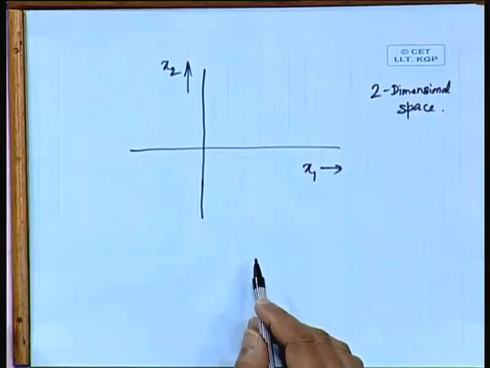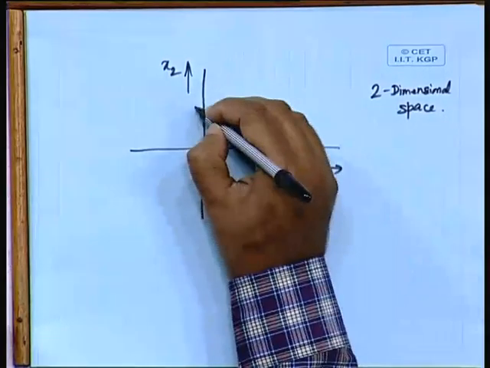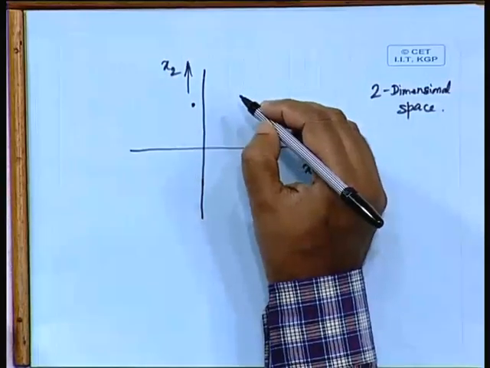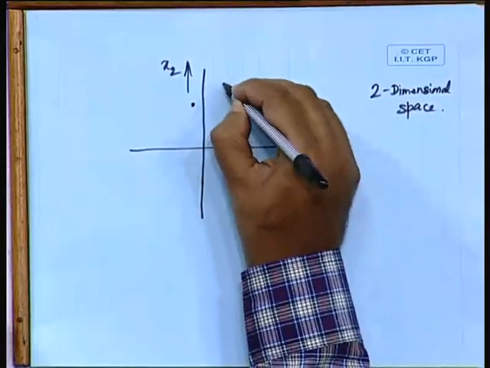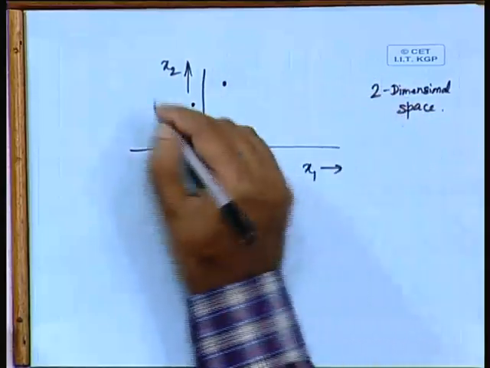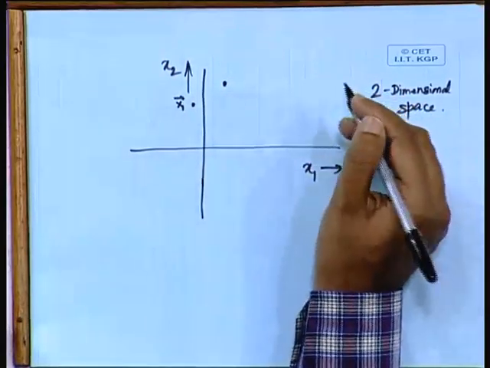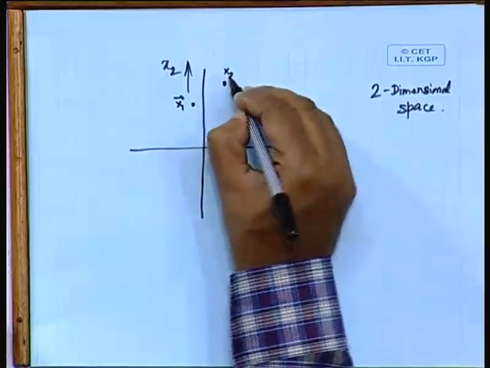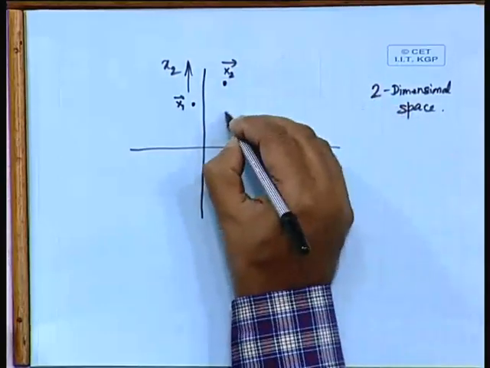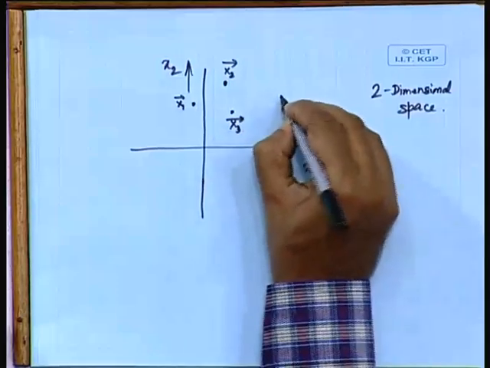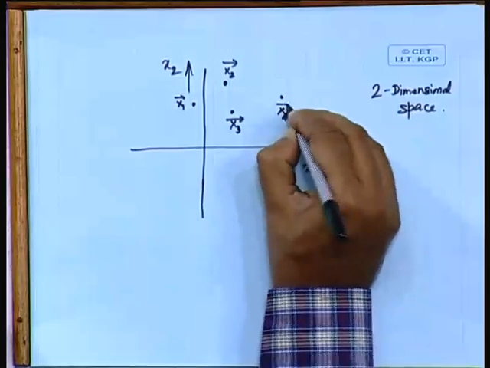Now, in this space I just happen to pick up 4 different training patterns, 4 different inputs, and they will be vectors. Say this is the position of the x1 vector, this is the position of the x2 vector, this is the position of the x3 vector, and this is the position of the x4 vector.